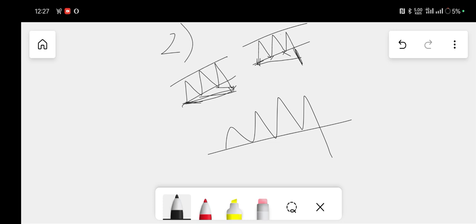But now it is a good breakout that didn't retest but rather goes into the trend line. That is, it came into this trend line again. Are you getting me? It came into this trend line again and retested into it. Then it retracted like this inside.